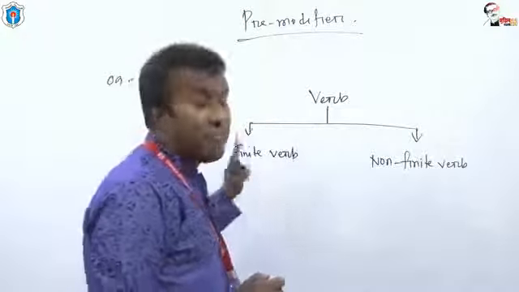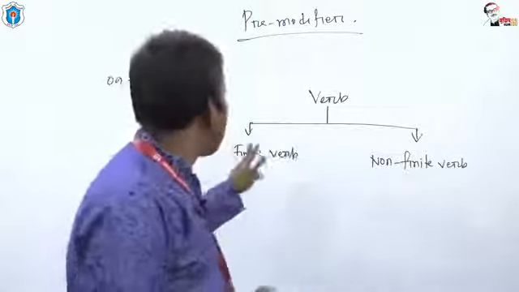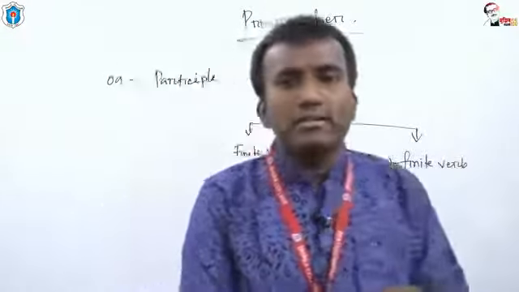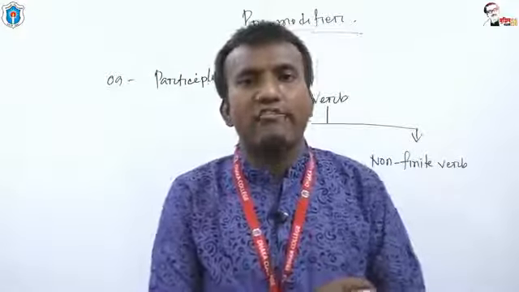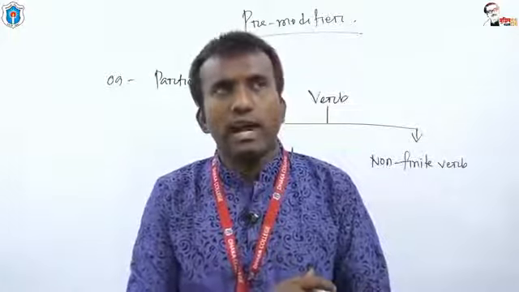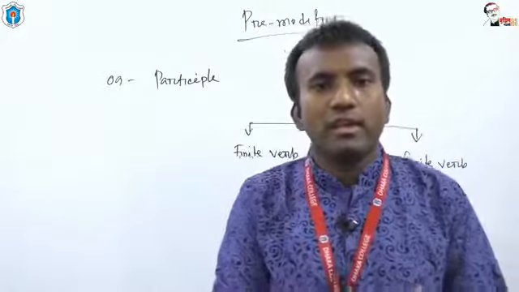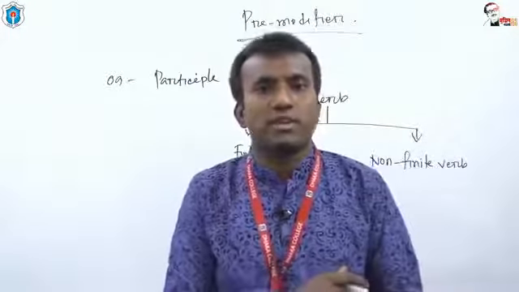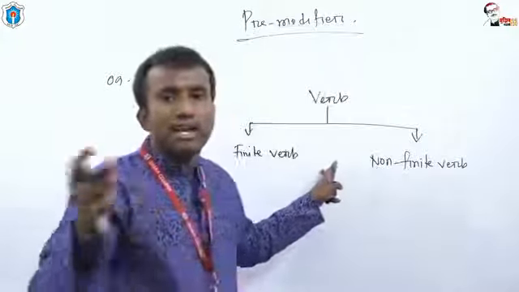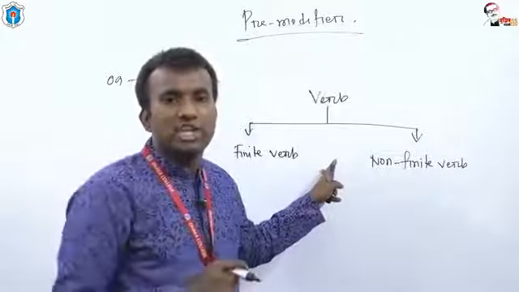Verb is classified into 2 parts. One is finite, another is non-finite verb. I talked about finite and non-finite verb in my first class when I talked about transformation of simple, complex and compound. I am going to repeat the knowledge that I shared with you in my first class.